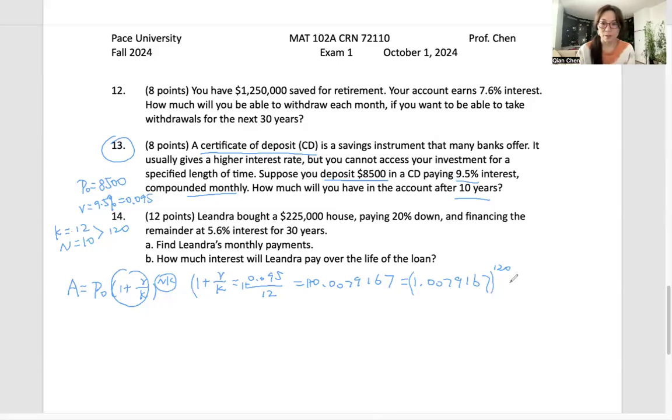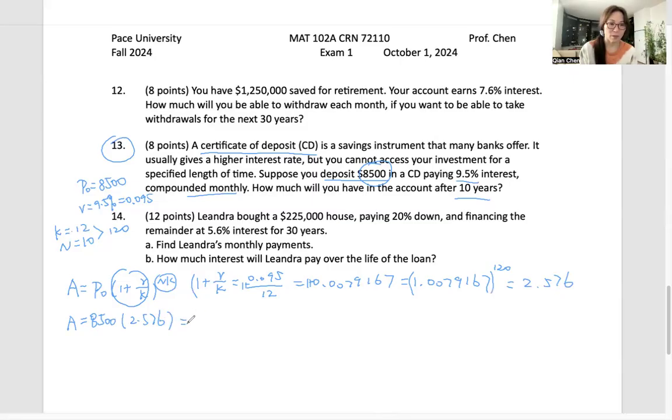So we get 2.576. So now A equals the initial deposit, that's P naught, 8,500, multiplied by 2.576. Just multiply by 8,500.